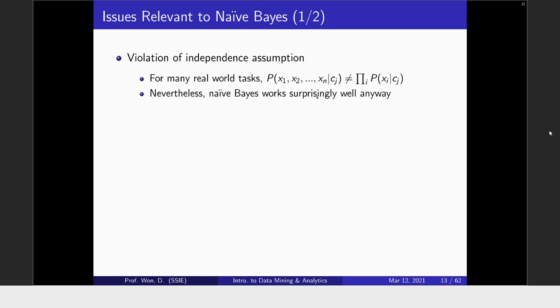That is a very common and very critical problem, a drawback of this algorithm. In many real-world tasks, features x1, x2, to xn are not fully independent, which means the left term is not going to equal the right term.